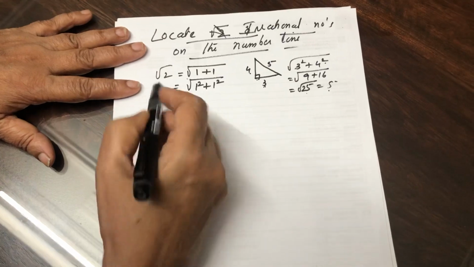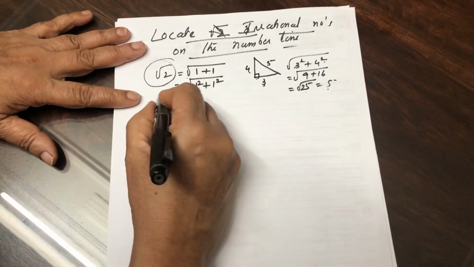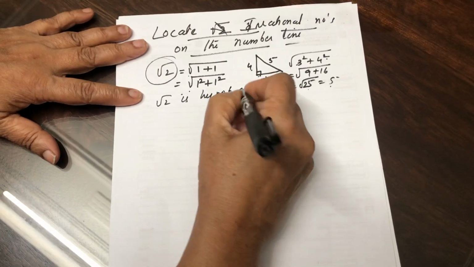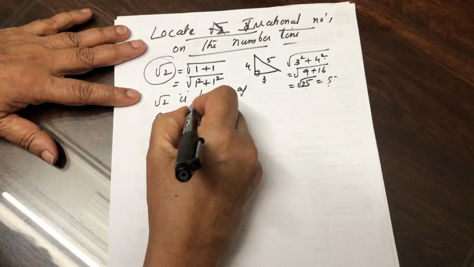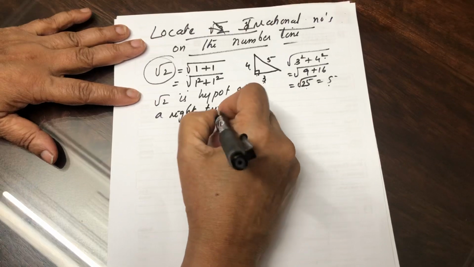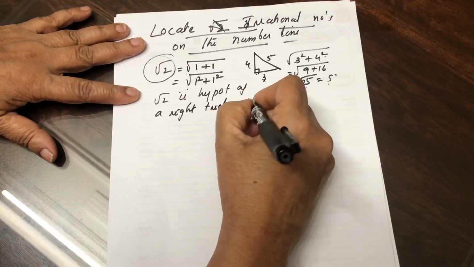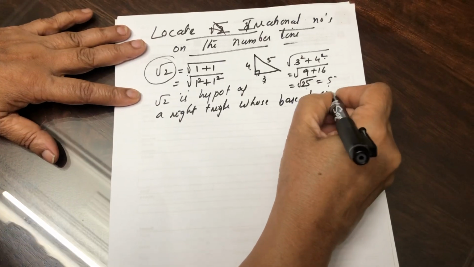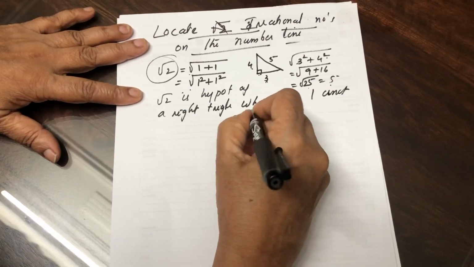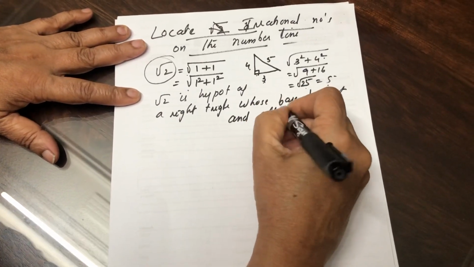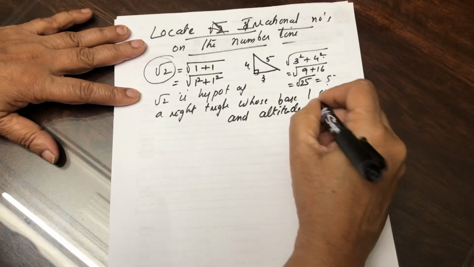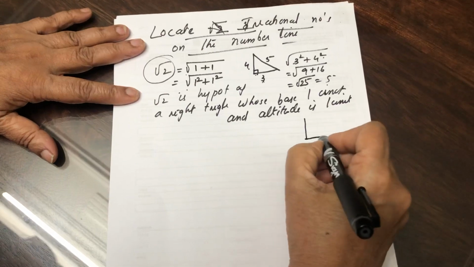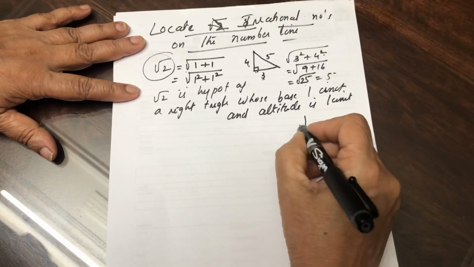In the same way, root 2 is the hypotenuse of a right triangle whose base is 1 unit and altitude is also 1 unit. You draw a right angle triangle with one side 1 unit and the other side another 1 unit.